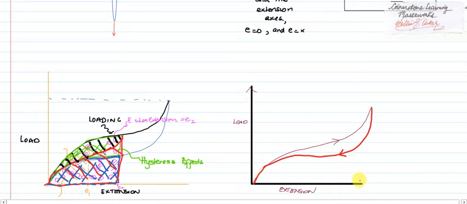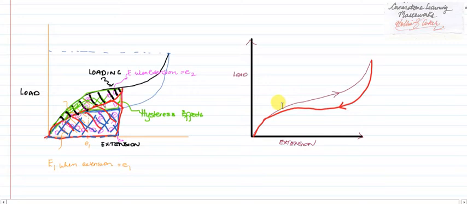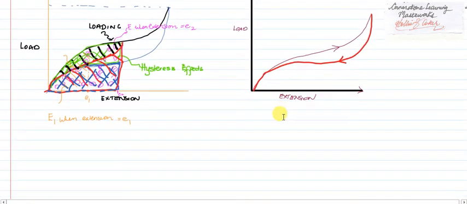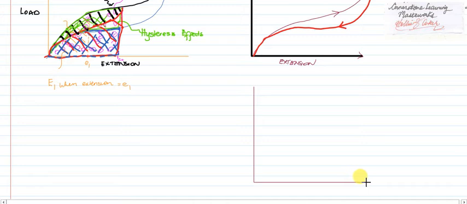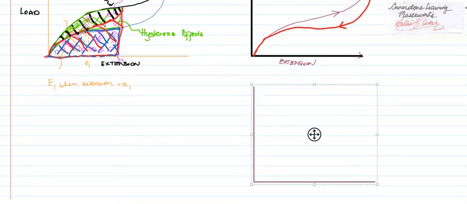Now, what I am going to do is take that graph and show you how, if you go with that assumption and talk about energy stored in the rubber band, you do the same thing again. All I look at for now will be the forward curve, the loading curve.